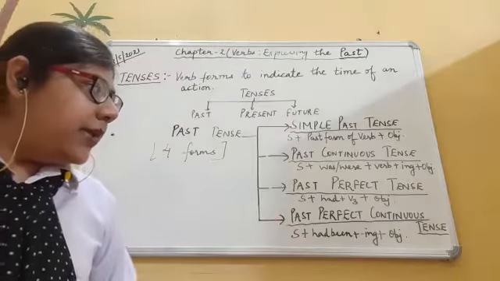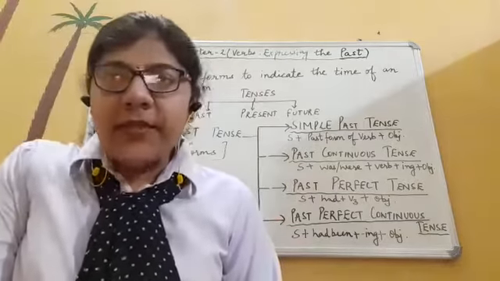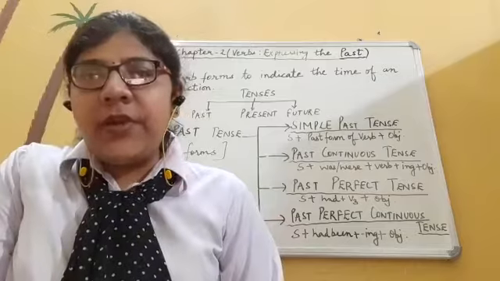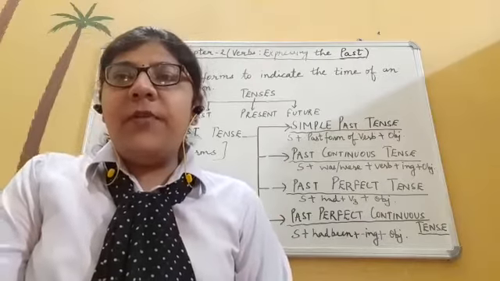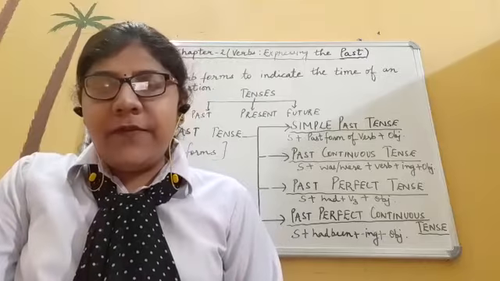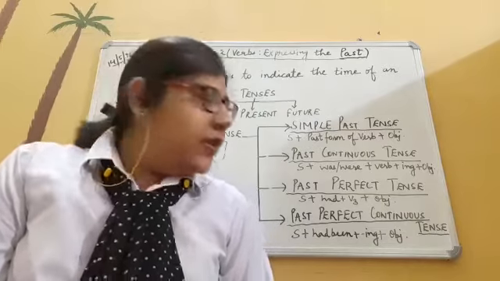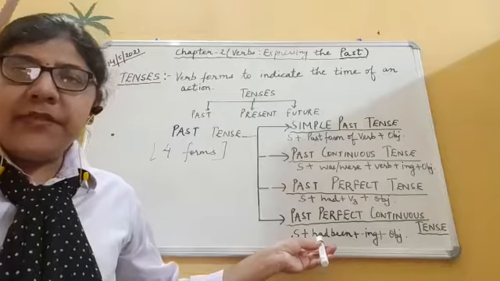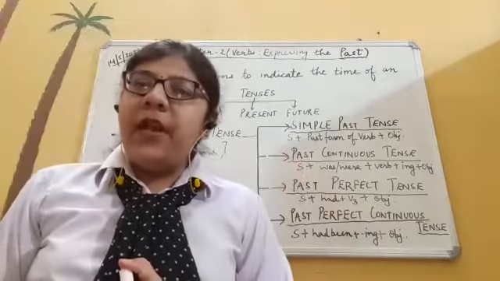So they will be coming in the category of past perfect continuous tense. The formula will be subject plus had been plus ing form of the verb plus object. So this time had been is compulsory and ing form will be compulsory.